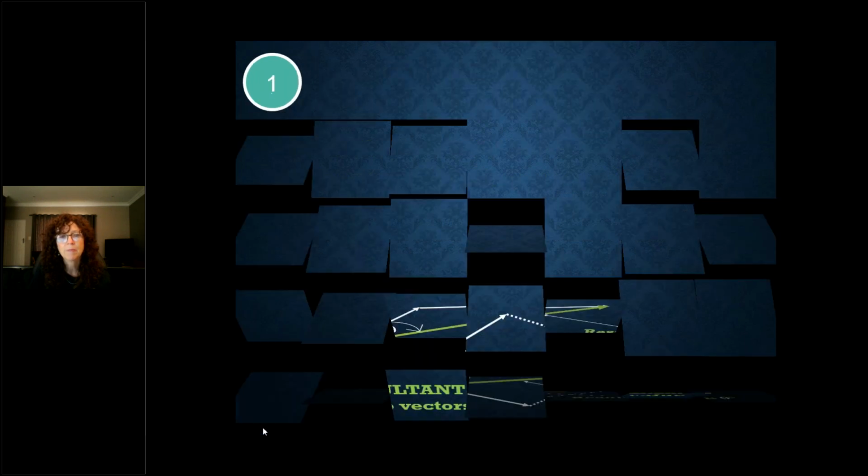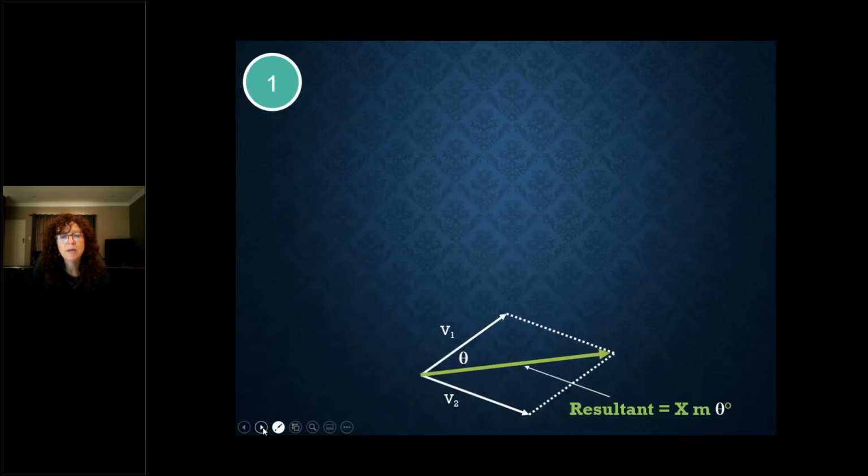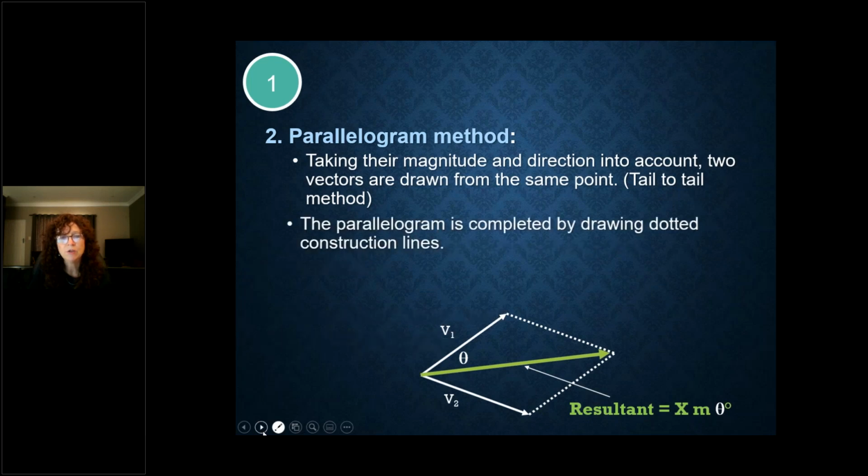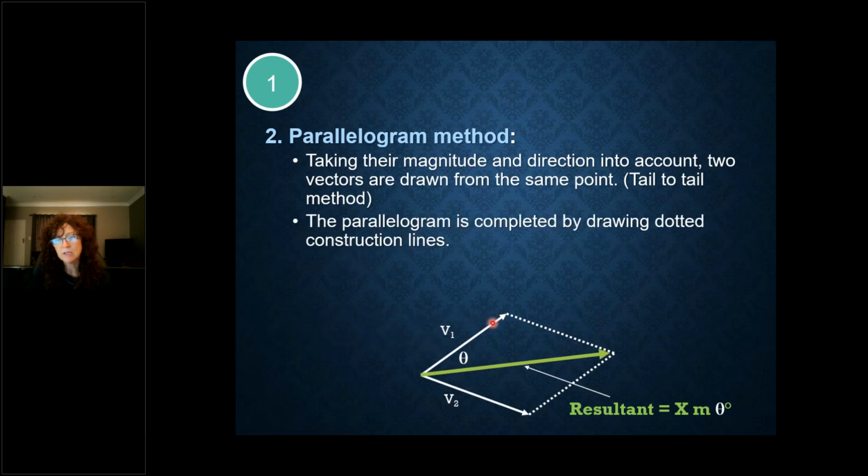All right. So next thing is, if we do have two vectors that start at the same point, that is the parallelogram method. Two vectors are drawn from the same point. The parallelogram is completed by drawing dotted construction lines, as you can see here.